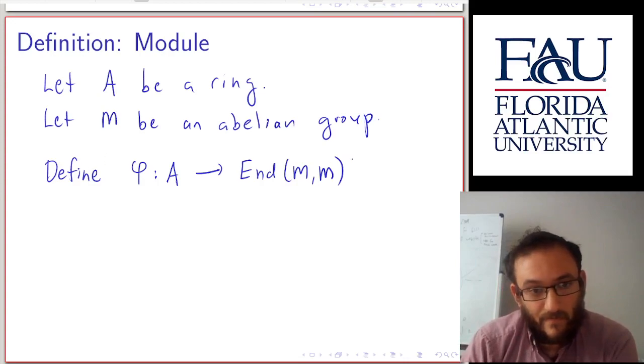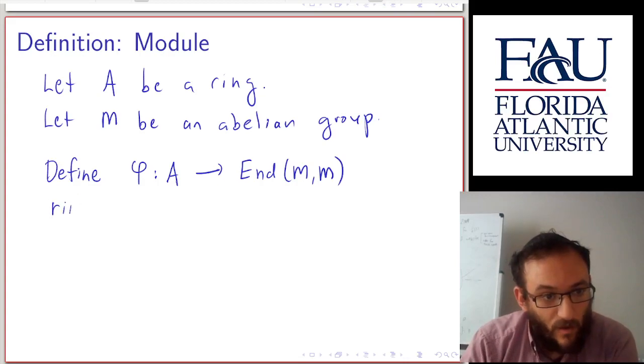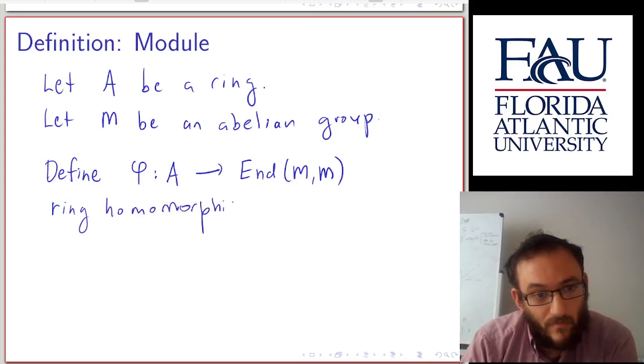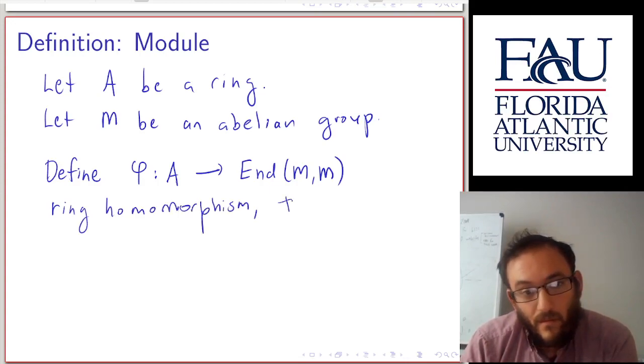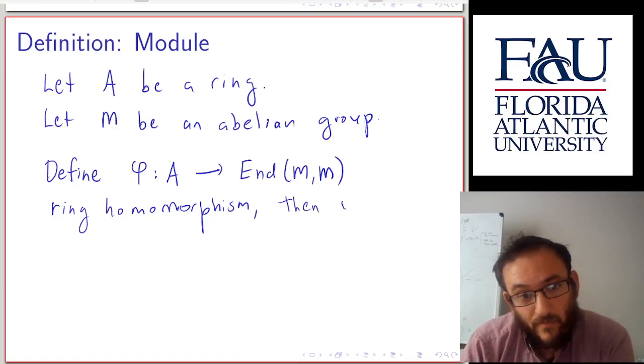And if this is a ring homomorphism, then this uniquely determines multiplication.